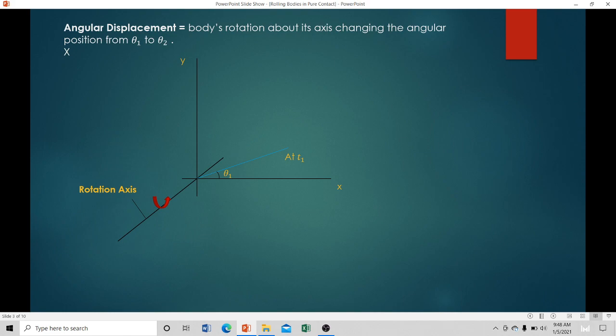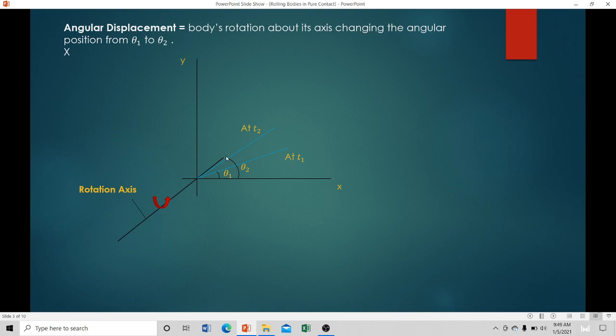As time goes by, if we move this rotation axis, it creates a displacement, and we call it time 2. The position of this reference line is what we call theta 2, or angle 2.